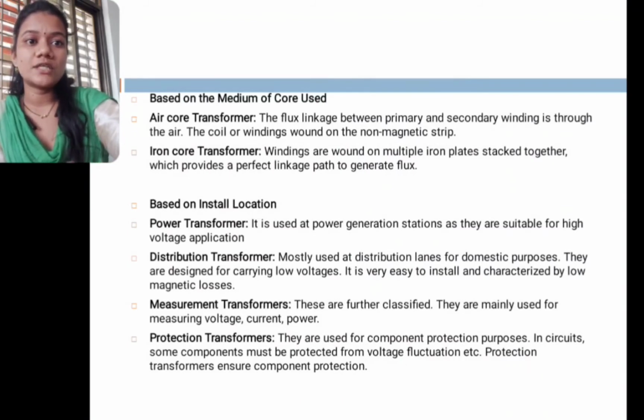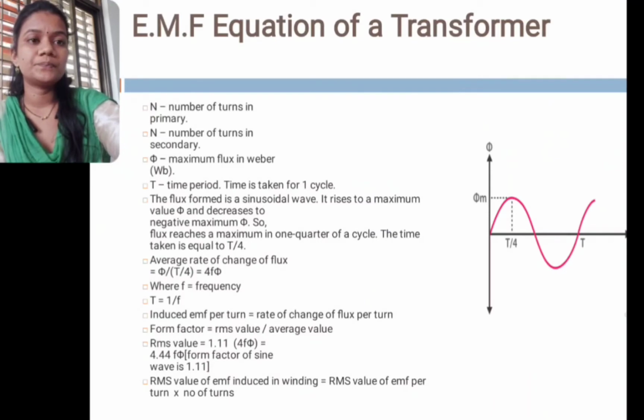Then the distribution transformer, which is used for domestic purposes. Then the measurement transformer, mainly used in measuring voltage, current and power. Then the protection transformer, which is used in circuits where some components must be protected from voltage fluctuation. So these are some types of transformer.